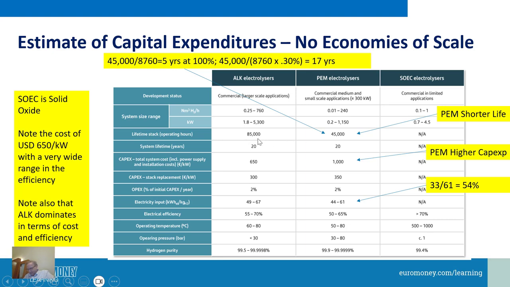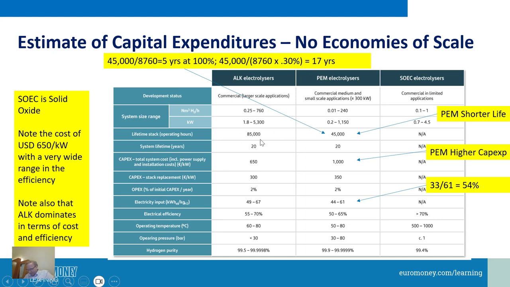As soon as you see 8,500 hours, you say, okay, let's divide that by 8,760. Just pretend the 8,760 was 8,500. That would give you 10 years of stack life. So you'd have to replace the stack every 10 years if you're operating at 100% capacity factor.